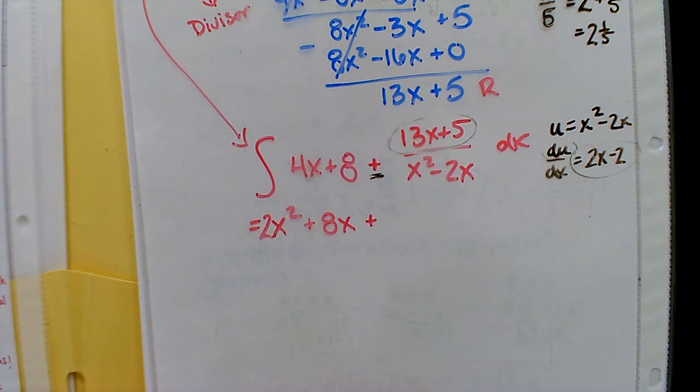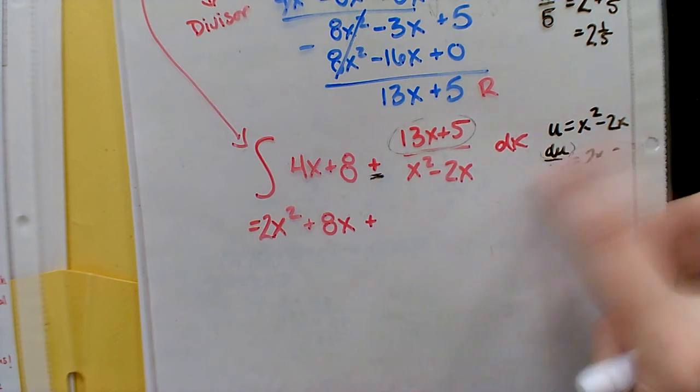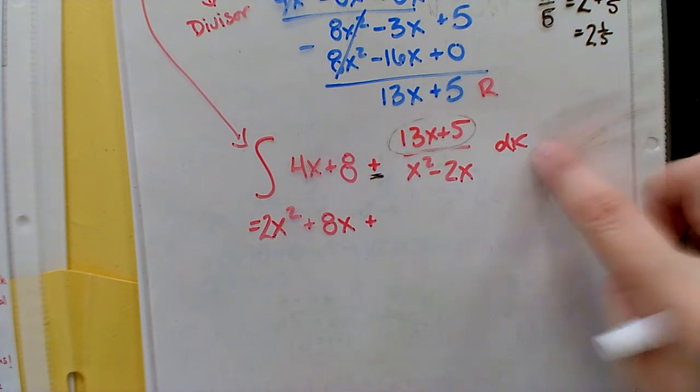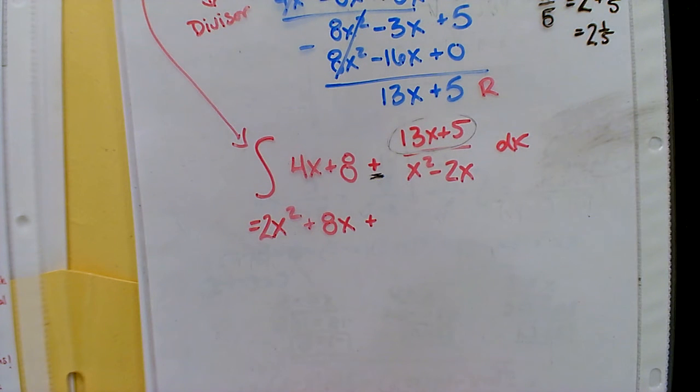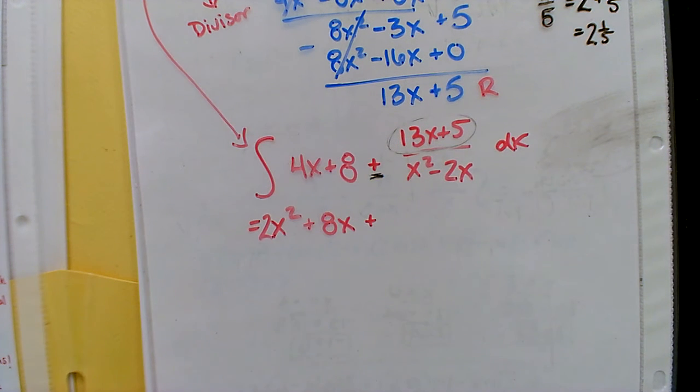So we would still have x's left. So U substitution is a valiant effort, but it's not going to work out as nicely. Don't get frustrated. You always try something. If it doesn't work, go on to something else. It might be the story of your life, but we're not quitters. You just keep rolling. So U substitution's not going to work, at least as nicely as we would want it to.